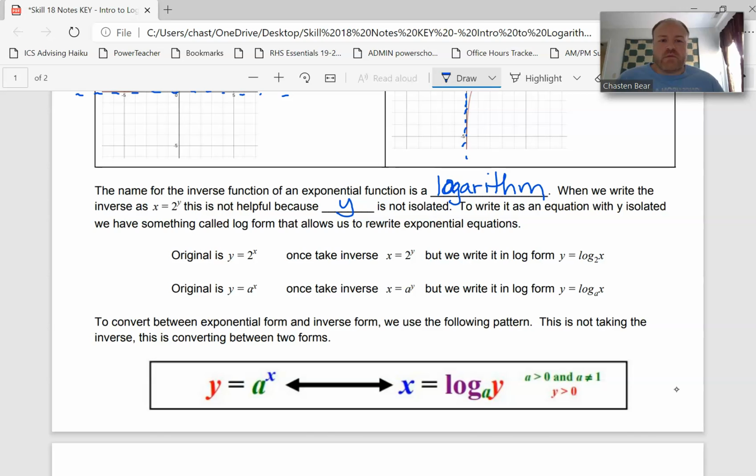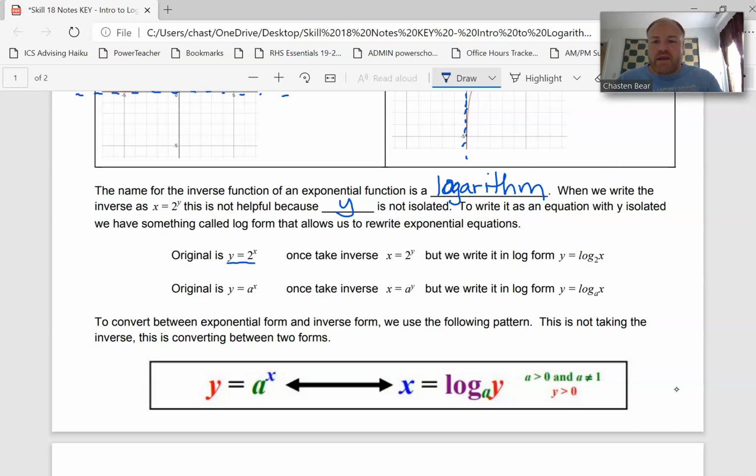To write an equation with y isolated, we have something called log form that allows us to rewrite exponential equations. So the original, if we had y equals 2 to the x, when you switch x and y around, you get x equals 2 to the y. But when we write it in log form, we write it as y equals log base 2 of x. And I kind of explained that a few moments ago.